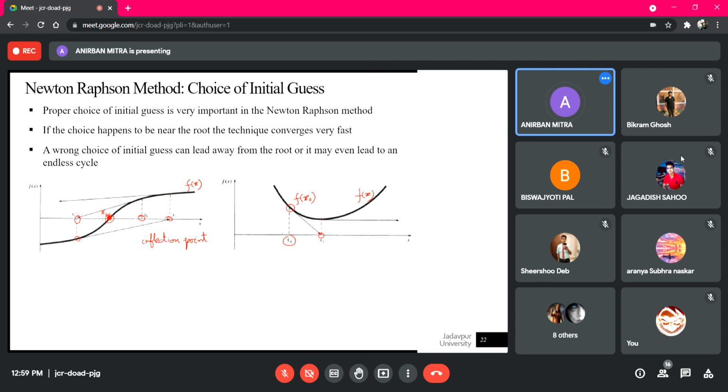Because here you see that the derivative f dashed of x1 is very, very close to 0, almost equal to 0, because it's a local minimum. So the first derivative is close to 0, or in fact 0 itself. So in the denominator, you have this very, very small number, and what will happen next is that it will blow up the next guess to a huge value.